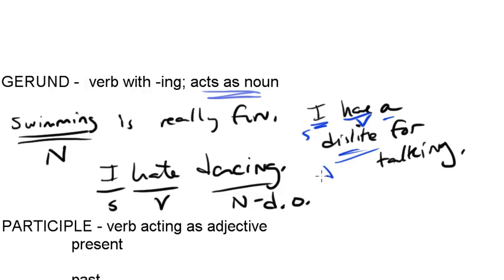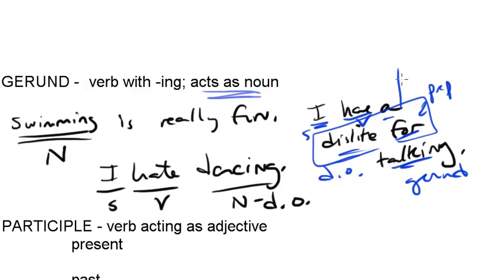A dislike is the direct object. I have a dislike. For, here's our preposition, and talking, here's our gerund. Note as well, dislike for would be a noun preposition idiom, right? I would have a dislike of talking maybe, or dislike for talking, whatever it is. In any event, dislike for talking is fine.